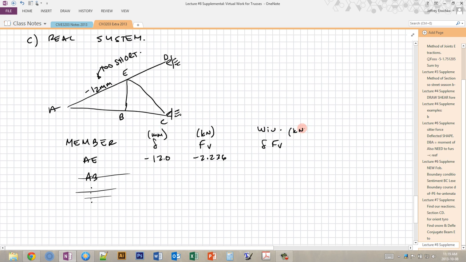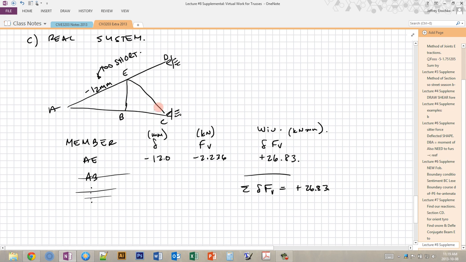And this is in kilonewton millimeters now. So keep track of the units. This is in millimeters, this is in kilonewtons. We could change this to meters so that it's consistent with everything else, but in this case it really doesn't make sense to do that. So I just do 12 times 2.236. I get positive 26.83. So therefore the sum is 26.83.